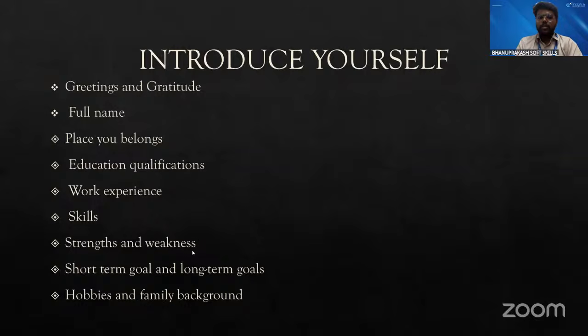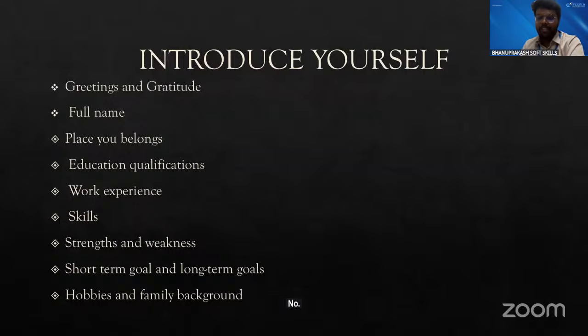Next, long-term goals. My long-term goal is to have a beautiful wife with good children, with a good villa, is what everyone has in their mind. But we should not sound that way, that personal.